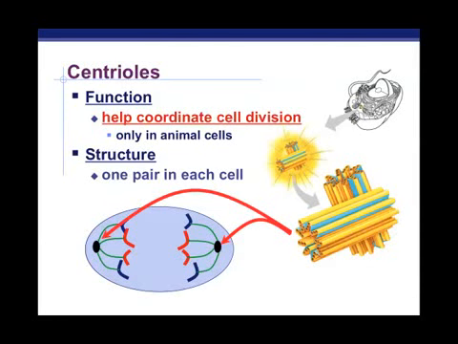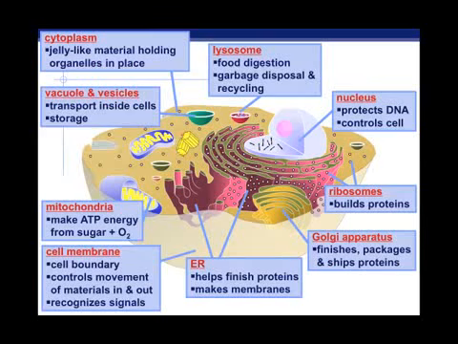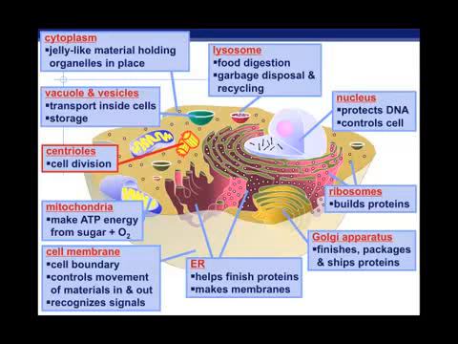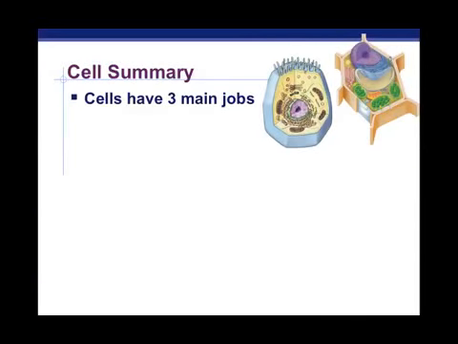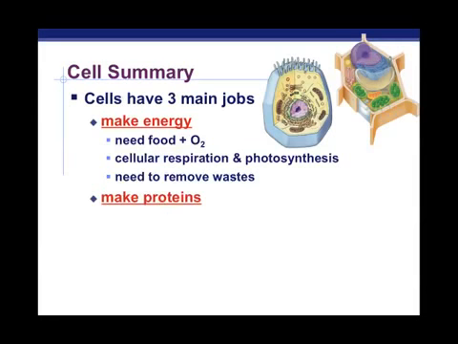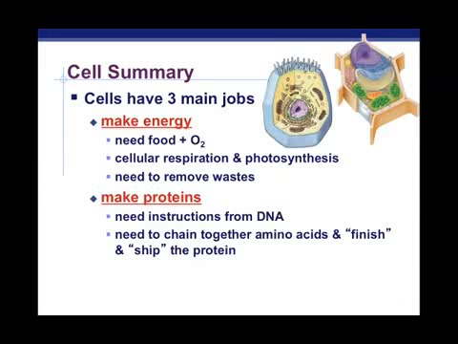And they help pull the chromosomes to each end of the cell. And there they are. So they have three main jobs: energy, make proteins, and make more cells.